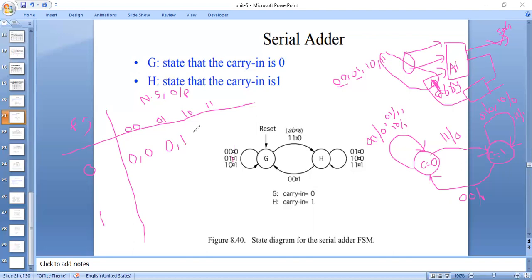And for 1 0 it will be in the same state, what will be the output? 1. And for 1 1 it will go to next state 1, what will be the output? 0. So 1 comma 0. Okay, now take this, 0 0, it went to state 0 here, and the output, put a comma and write 1. And here see, at 0 1 it is in the same state 1, output 0. Same state 1, output 0. Same state 1, but here the output will be equal to 1.